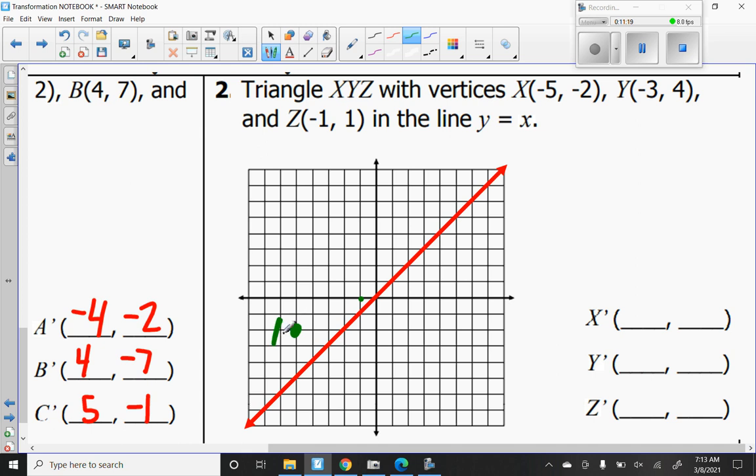There's my A, or X. All right. So as you can tell, if I go ahead and reflect it now, I'm going to go 1.5 diagonal, so my new X is down here. I went ahead and did it. So that's -2, 1, 2, 3, 4, 5, -5.